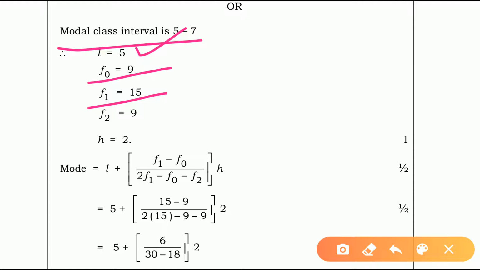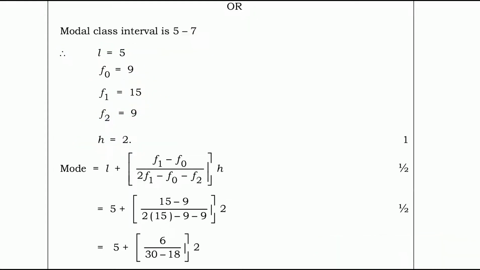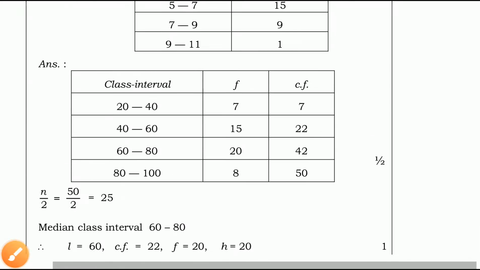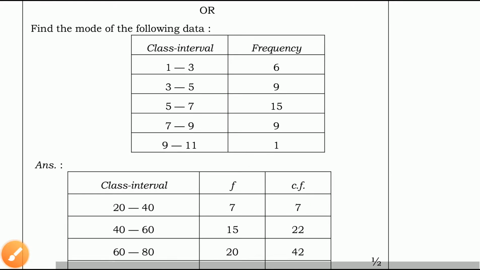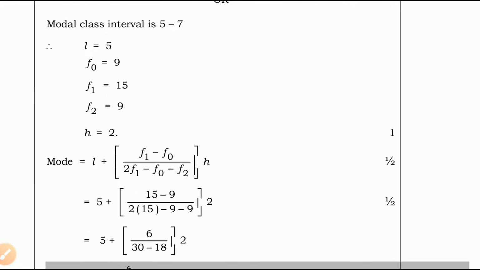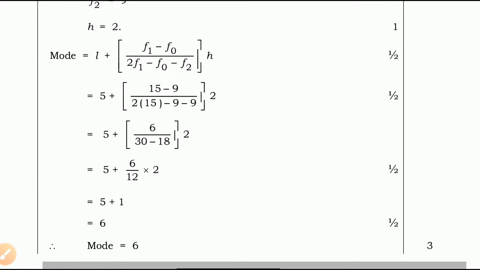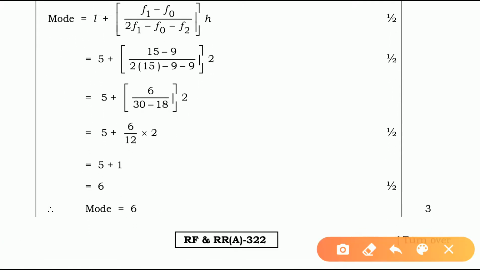F2 is the frequency of the class succeeding the modal class, and H is equal to 2, the class size is 2. Substituting the values L, F1, F0, F2 and H, we get this result.